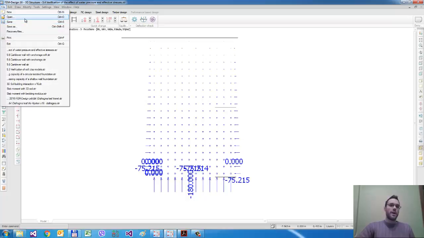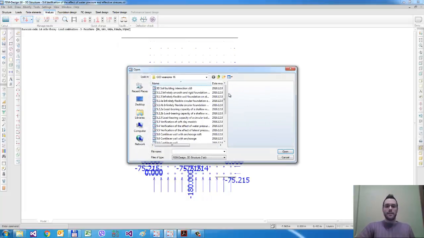So we consider the effective stresses and the effect of the water pressure on the side walls or basement walls in the structure.